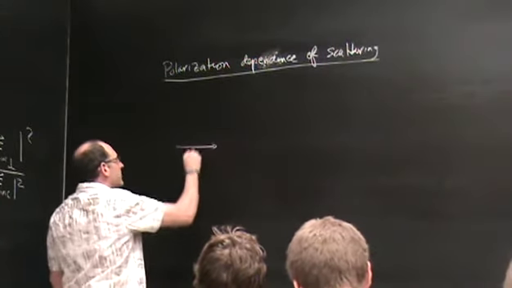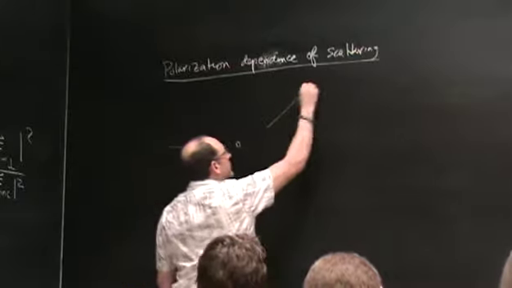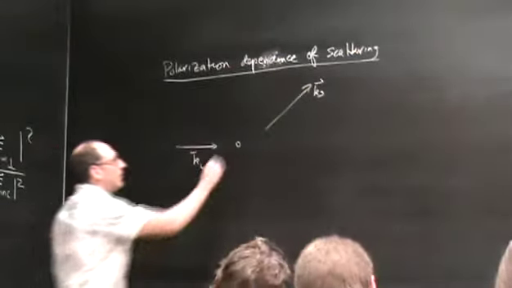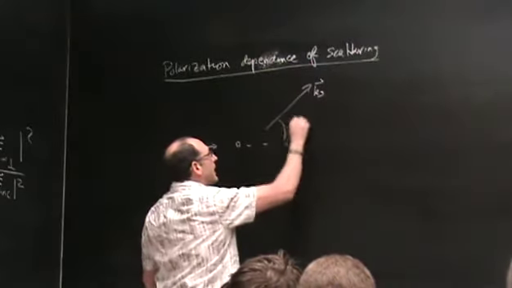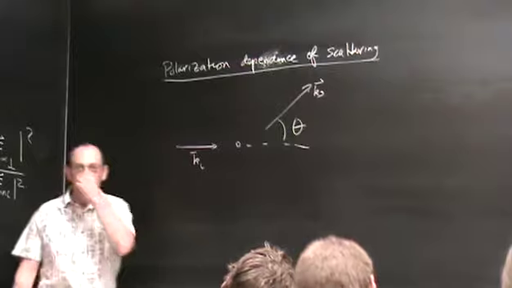So we have some incident wave vector, we have our scatterer, we have some scattered wave vector, okay? And we define, in this case, theta as the angle of scattering relative to the incident direction.